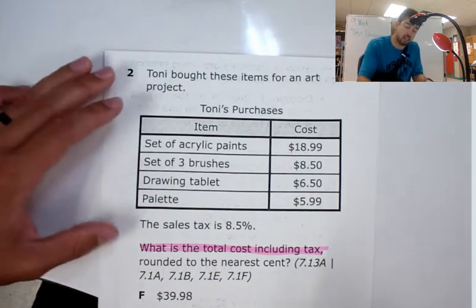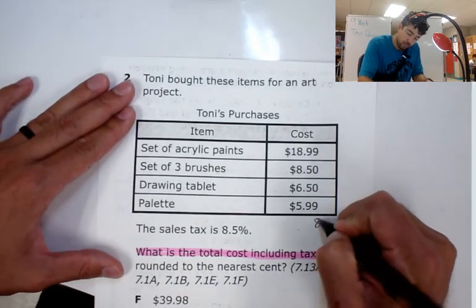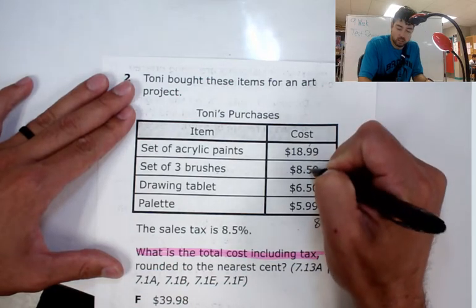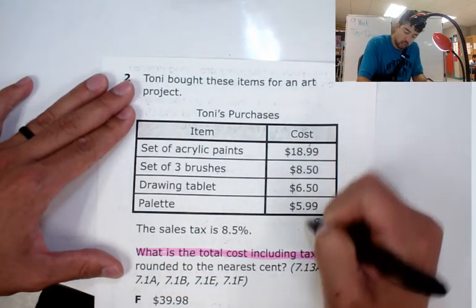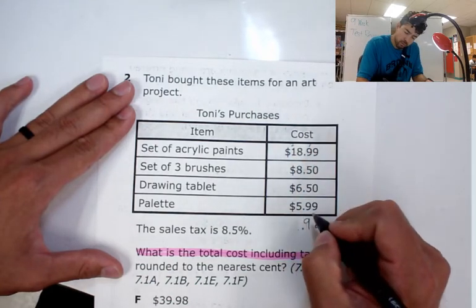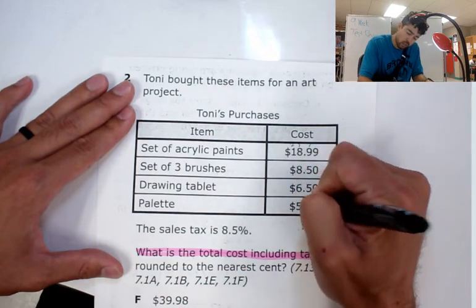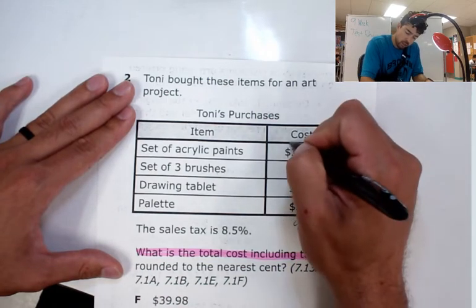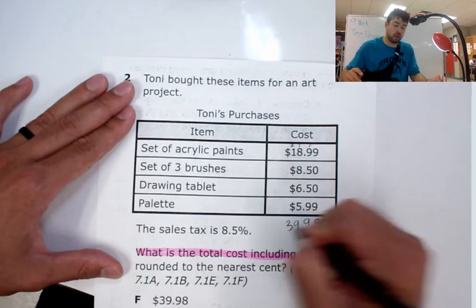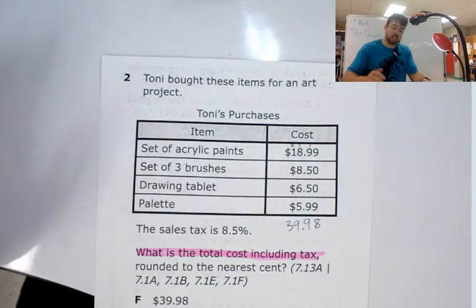We've got to add all these up, right? So 9, 18, 10, 15, 20, 29, 3, 2, 10, 18, 24, 29, 3. So the total without tax is $39.98.